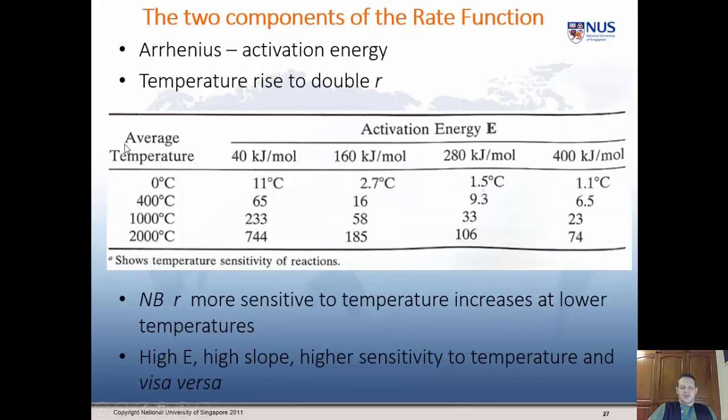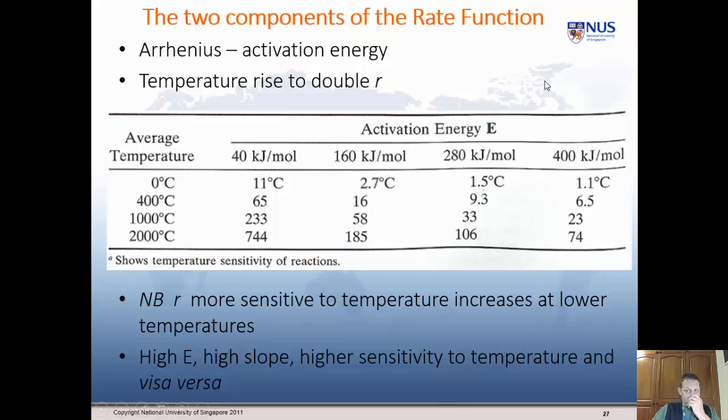Okay, now there are two things I want you to notice here. First of all, this is the temperature of the reaction vessel, or whatever we're dealing with, and there are 4 columns in terms of the number of degrees centigrade it takes to double the reaction rate. So we've got those numbers at 40 kilojoules per mole as an activation energy, 160 kilojoules per mole, etc., etc.